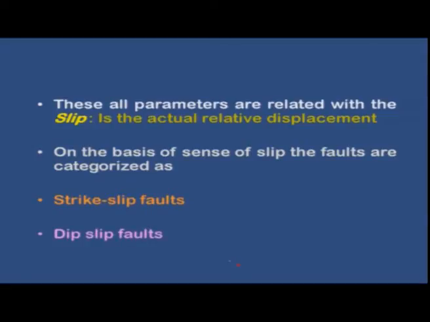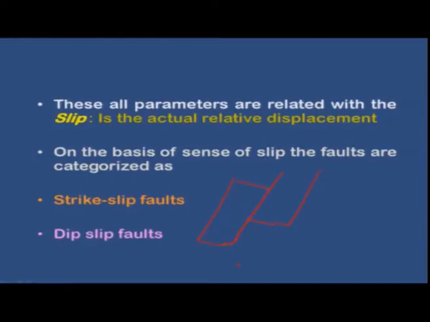So either the displacement is along the strike. If this is the strike, the movement is along it. If you look at the plan view, you may be able to make out in which direction the block has moved.